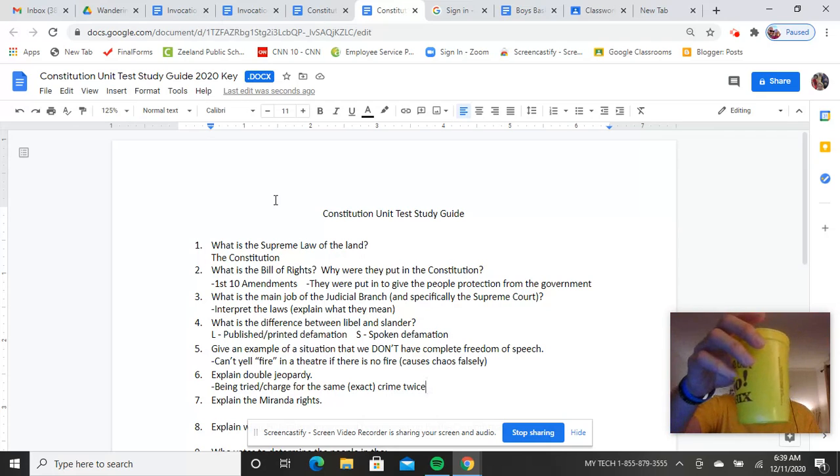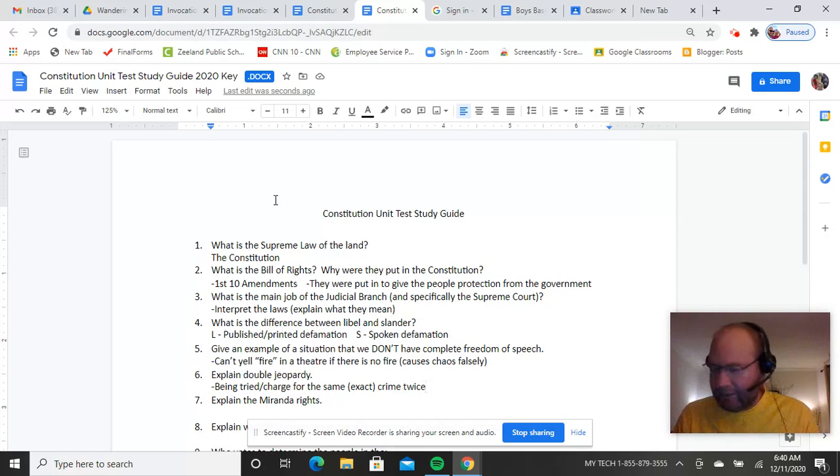If I steal this cup today, and I'm charged with that crime and put on trial for it, I can't then be charged with the stealing of this cup from today again. Now, if I serve my consequence, I'm let out of jail or whatever for stealing a yellow cup, which I don't think I'd go to jail for that, and I steal a different yellow cup, could I be charged with that? Yeah, I could be charged with stealing a yellow cup again. Shoot, I could be charged with stealing this yellow cup again if it occurred at a different time or on a different date, because that's a different crime occurring.